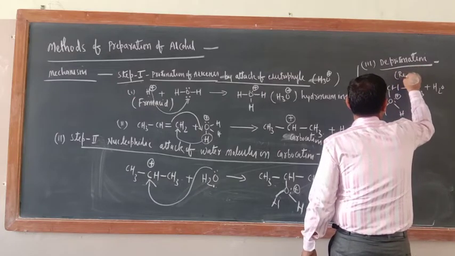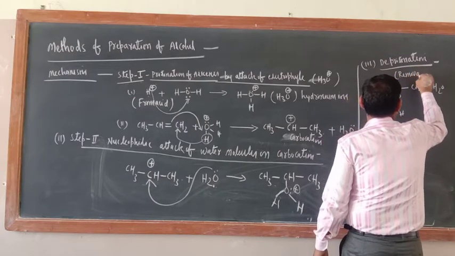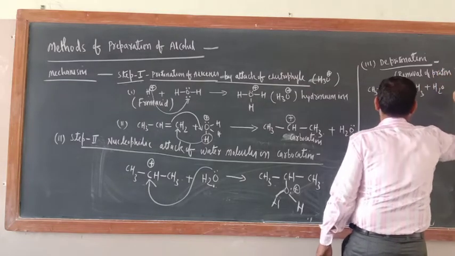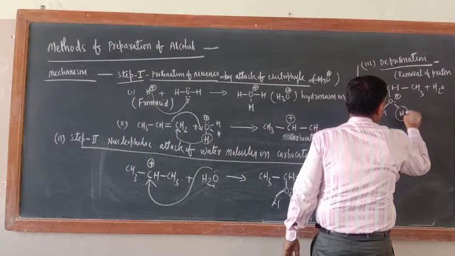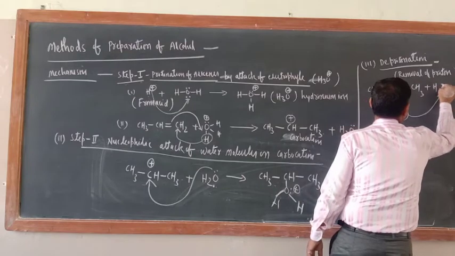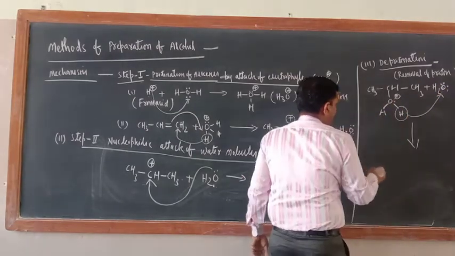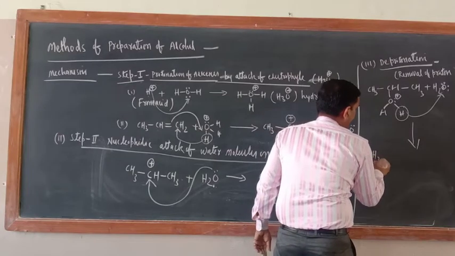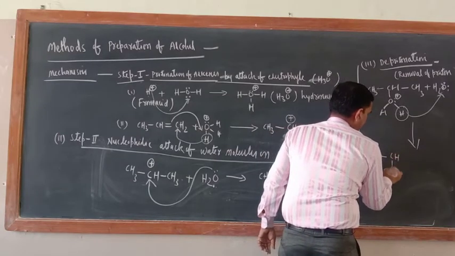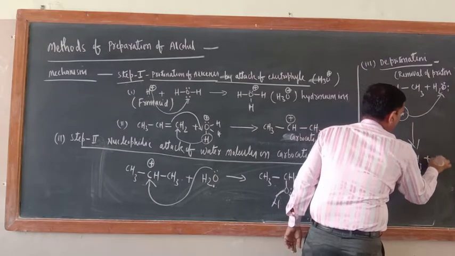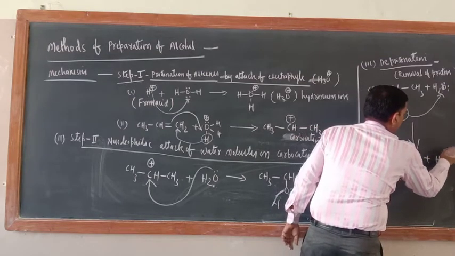Deprotonation means removal of a proton. So one H will go to the water molecule. So what is the product here? CH3 CH, here OH, here CH3, plus H3O positive.